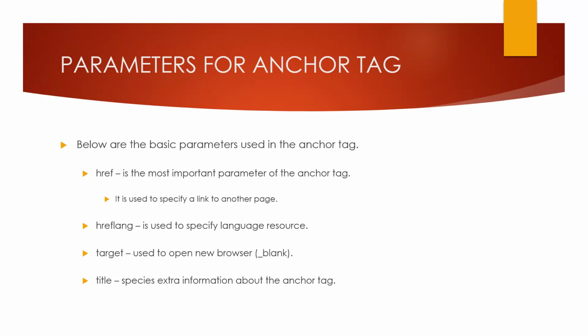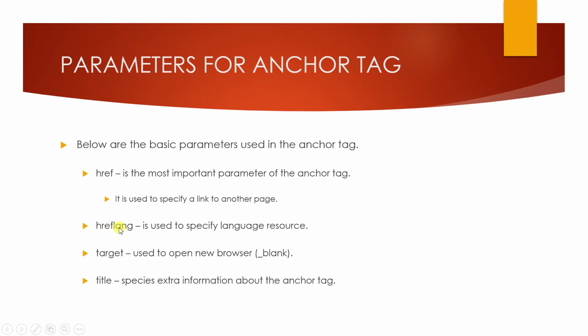Now, these parameters are what I talk about in this slide. Below are the basic parameters used in the anchor tag, the first one being the most important, which is the href, and it's used to specify a link to another page. So when you want to move to another page, that's where you put your link.